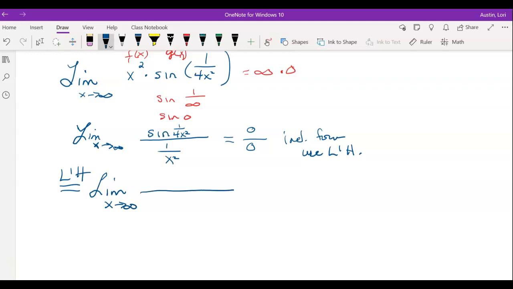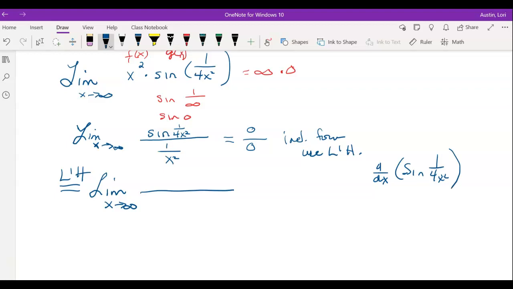All right, I need the derivative of sine of 1 over 4x squared. This is a chain rule problem. If you need to work it out using the chain rule, do it off to the side. It's going to be d/dx of sine of 1 over 4x squared.